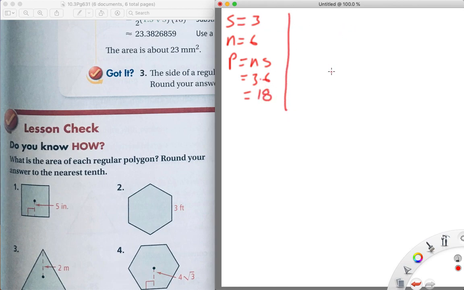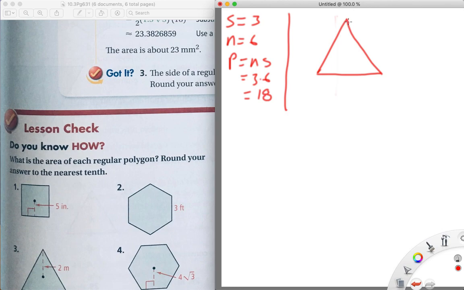So we found the perimeter. I'm going to draw it as a triangle. Let's do it like this. Actually, no, I had it right the first time. Let's do this. This is not to scale. So I know that this is a hexagon, right?